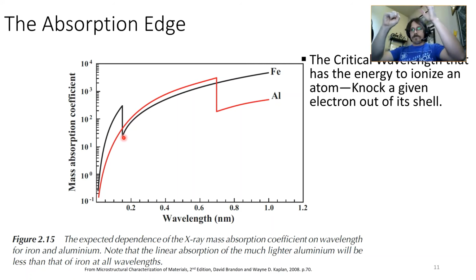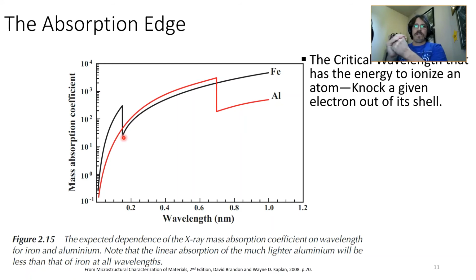If it's not matching, the energy is either going to be too low for the electron to care about, or too high, and the X-ray is going to be looking for higher energy electrons. So when the energy or wavelength of the X-ray matches the energy or wavelength of the electron, they're going to collide, and that electron is going to be ionized.